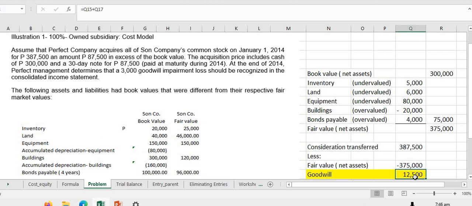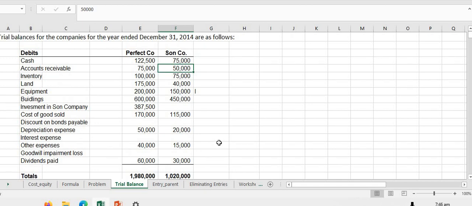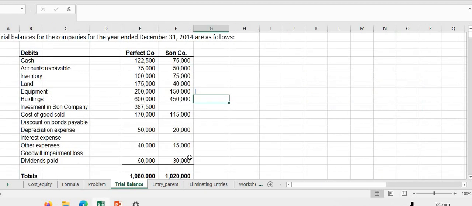Okay. Now, we have here a trial balance. So our trial balance at December 31, 2014, the end of the first year of acquisition, because the date of acquisition is January 1, the end of the first year of possession. So for December 31, 2014, we will prepare the consolidated financial statements.